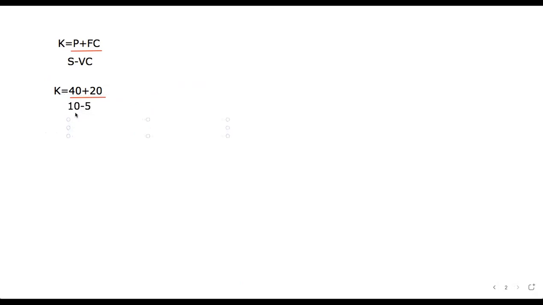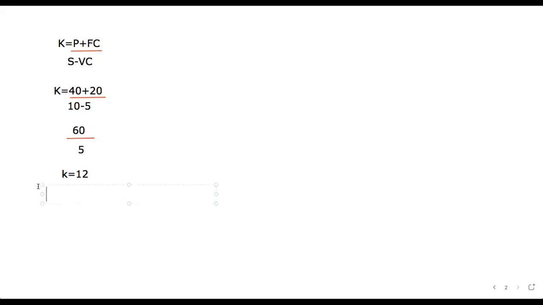So it will go down to 60 all over 5. So K is equal to 12.